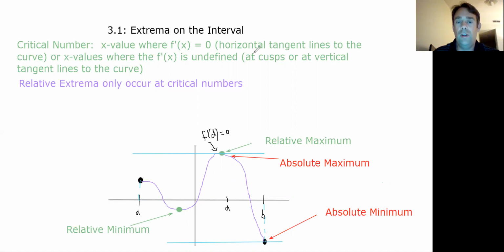And if you notice, we had another one of these on here, another relative extrema. And so this, we'll call that C just for the fun of it. So at this value right here, this is where that derivative is equal to 0.